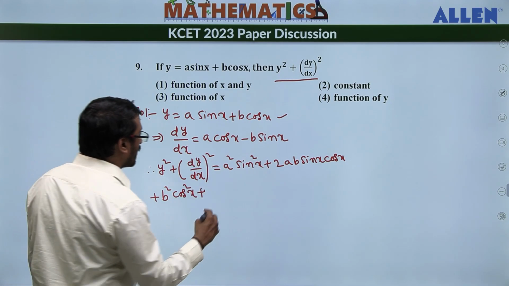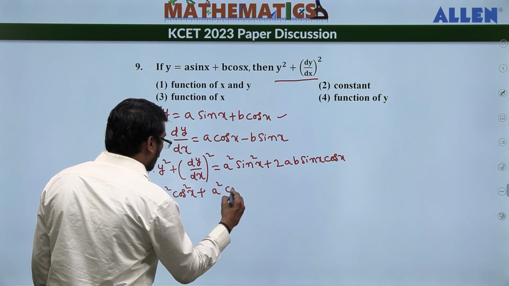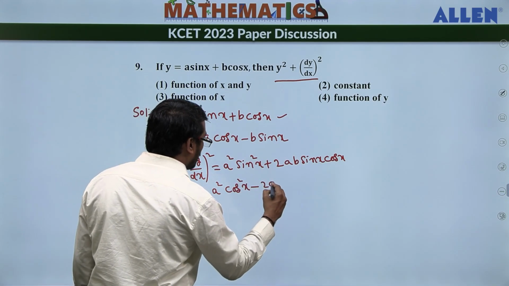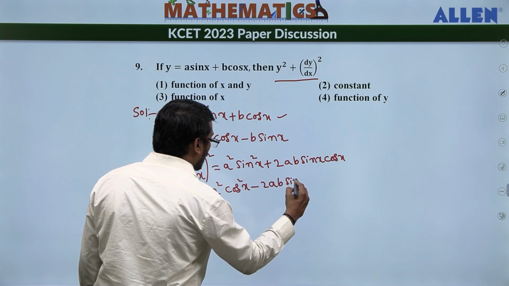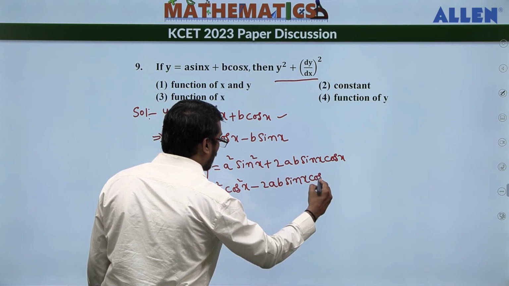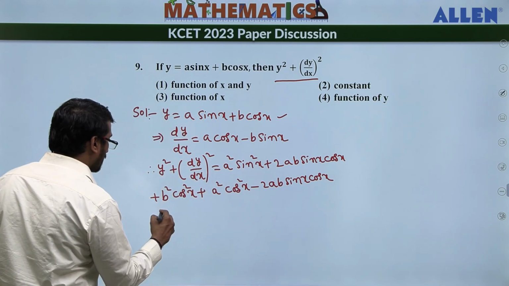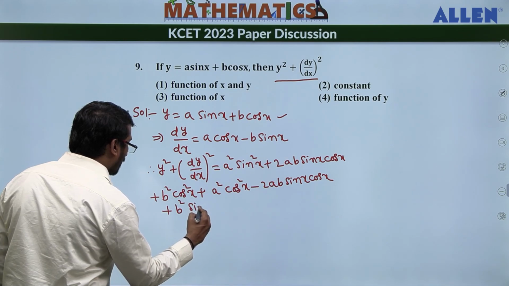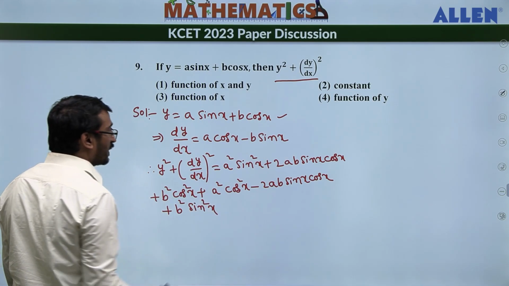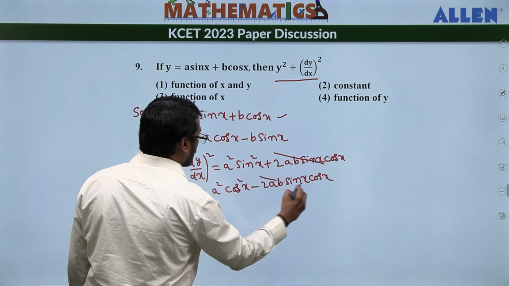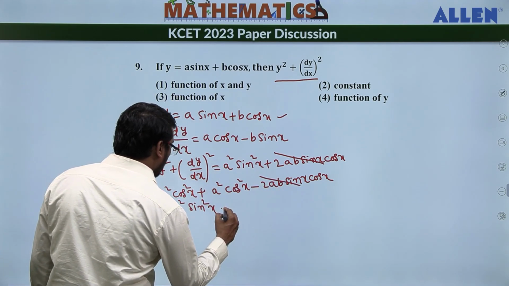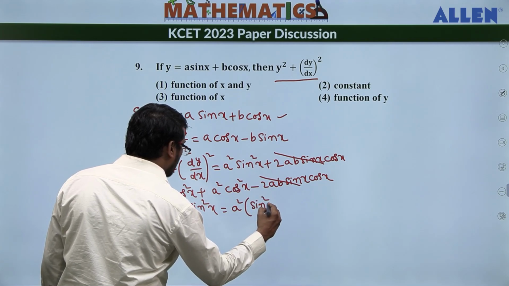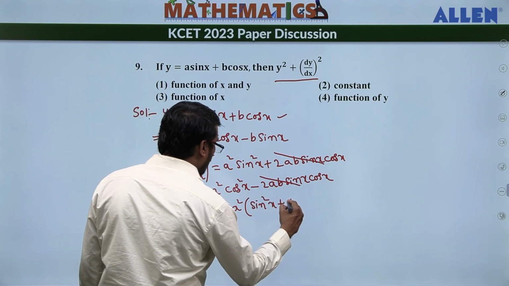dy by dx whole square is a square cos square x minus 2ab sin x cos x plus b square sin square x. They get cancelled. Take a square in common, sin square x plus cos square x.